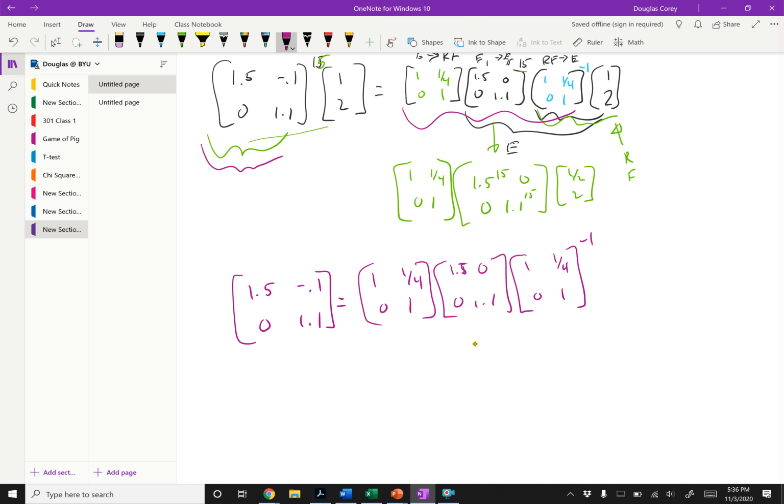And this is nice because we get to see exactly what the eigenvalues of that matrix are, and exactly what the eigenvectors are for that matrix. And when it comes to computing, this is often a lot easier to use.